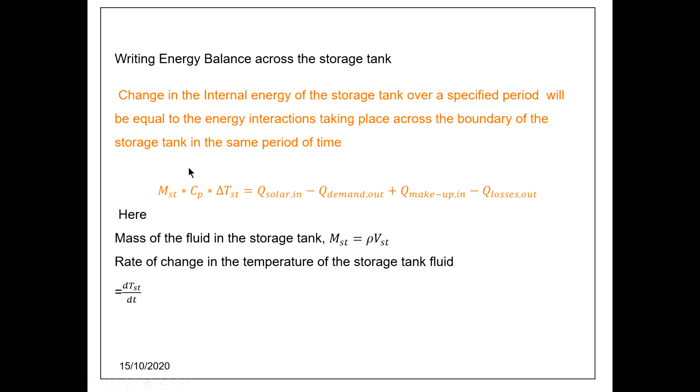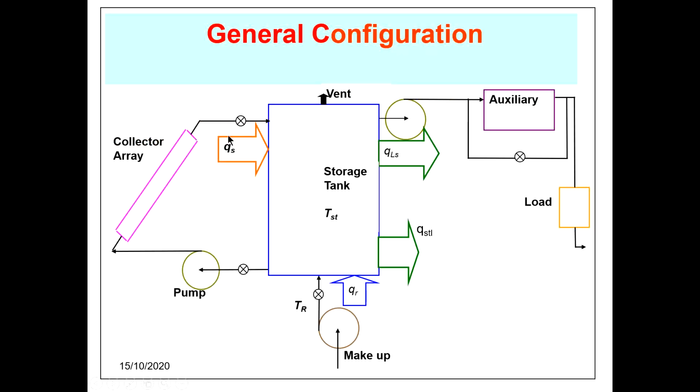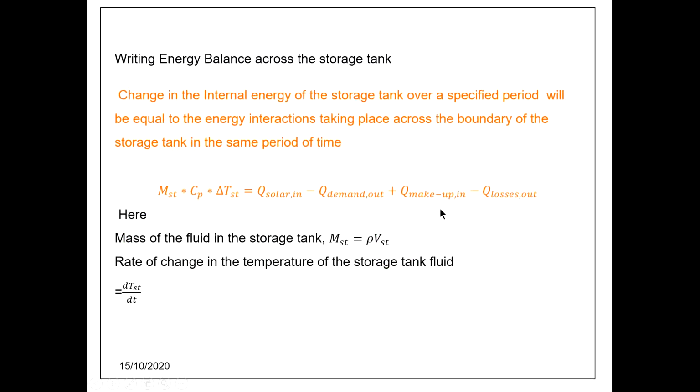So this is the change in the internal energy of the storage tank, m Cp delta T. This must be balanced by Q solar, the energy entering with the hot fluid into the storage tank, energy met to the demand, energy coming in through the makeup water, and energy loss. So this is nothing but the same energy balance, Qs minus QLS minus QSTL plus QR. So this is written here.